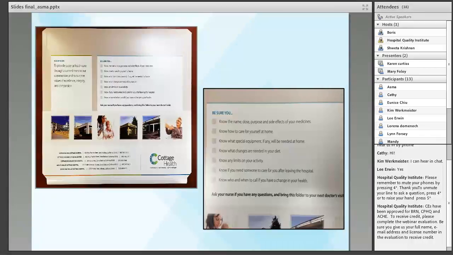And of course, then in my mind, it's always like you have this wonderful checklist. Be sure that you know your name and know the name of all the meds and how to take care of yourself. And then if you have any questions, you ask your nurse. And so that's a big promise, and it's an important promise.